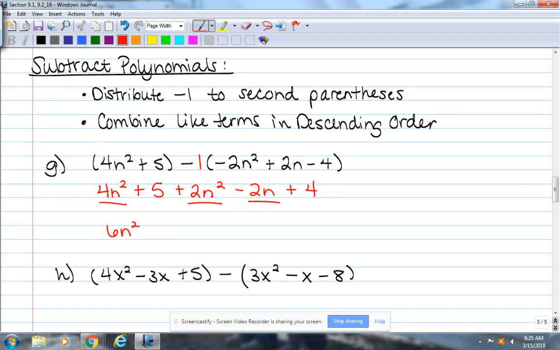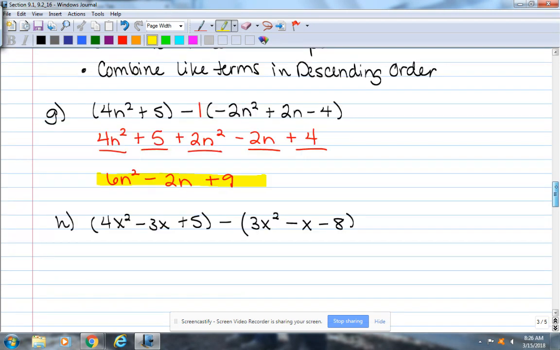It doesn't have any friends, so I just copy it. And then what goes last? Positive 5 plus 4 is what? Plus 9. So there's my final answer. So you're done when you have no more like terms and your exponents go highest to lowest. Copy down the next problem, please.